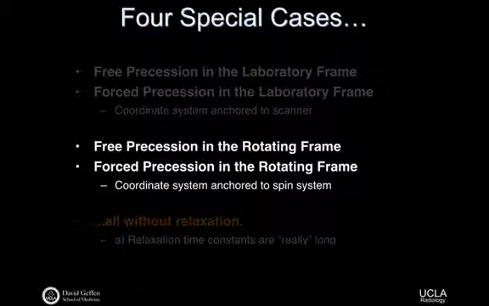So how do we make use of this B effective? Well, we need to remember the original expression we had for the angular velocity. In the laboratory frame, this was just minus gamma B0 along the K hat direction. We know from what we just showed that that's the same as minus gamma B0 in the K hat prime direction.